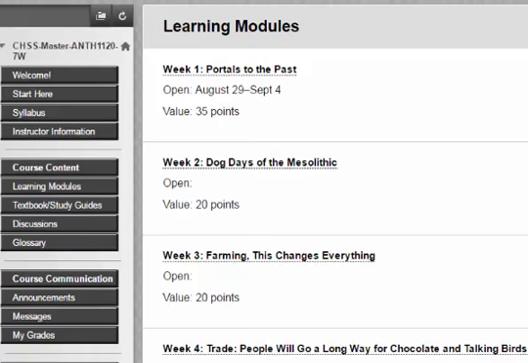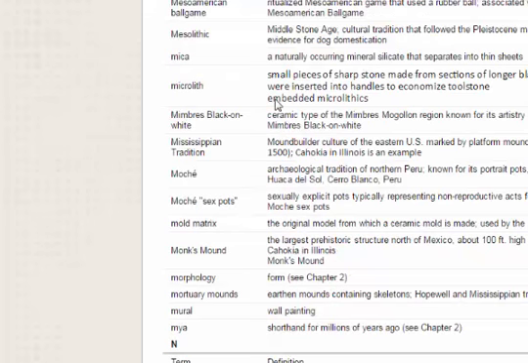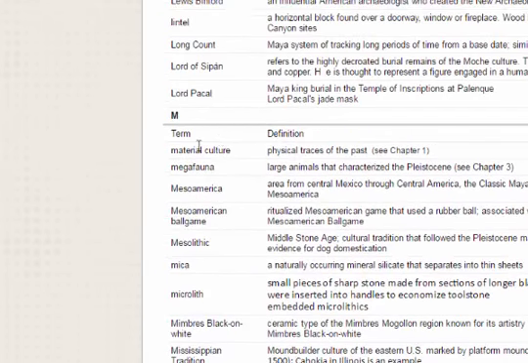To access the course glossary, the student goes to the course menu on the left-hand side of the screen and selects Glossary. The terms are listed in alphabetical order, and the student can scroll through the alphabet up here, select the letter of the term, and find the word that they are looking for and the associated definition.